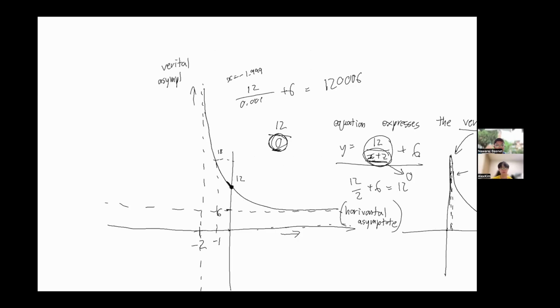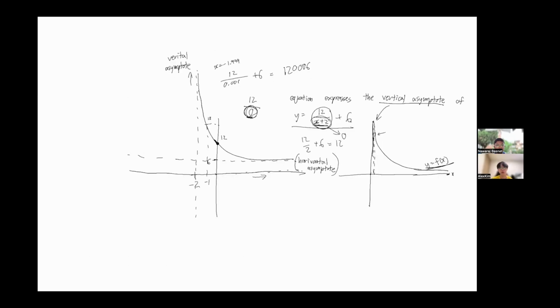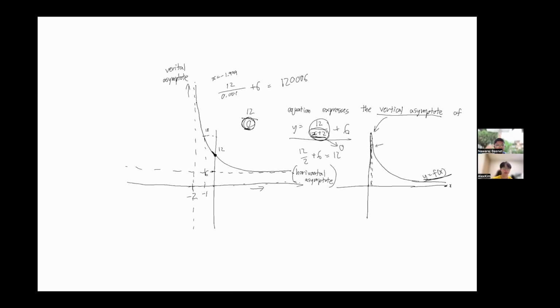If we draw this on the decimals calculator, it actually has a form of this. So there's another part that's here. You don't have to worry about having to draw it on your own because you can use the decimals calculator. When you draw it, you get a graph that looks like this.